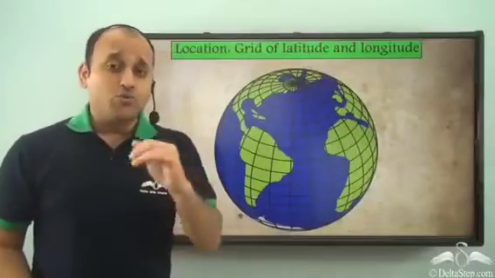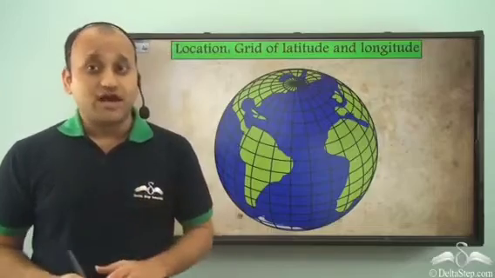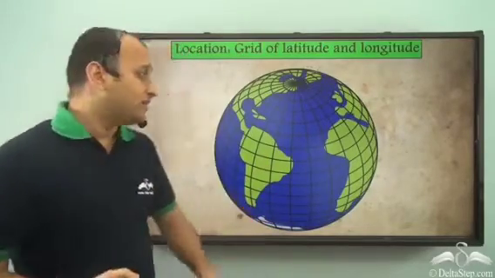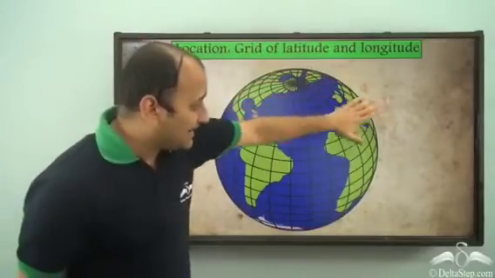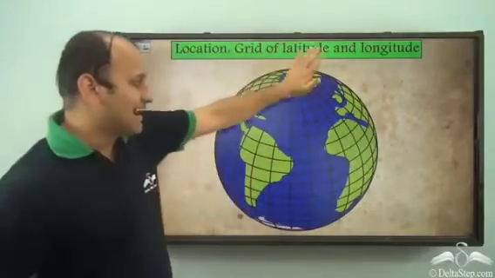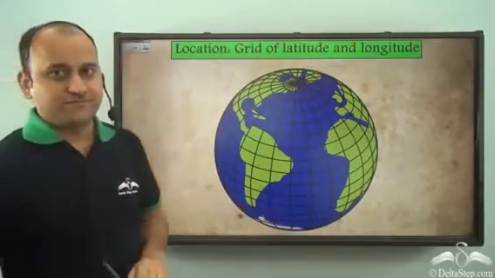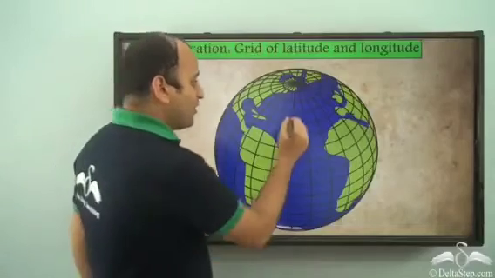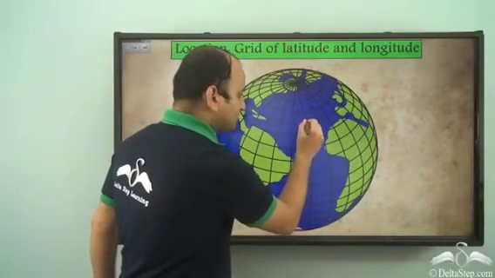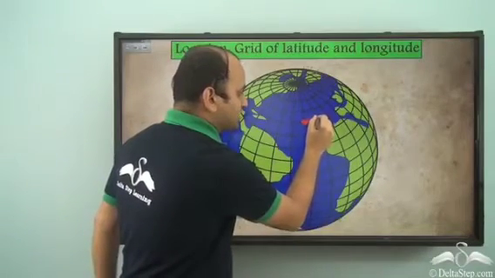Now we know what latitudes and longitudes are. Now these latitudes and longitudes together make up a grid which covers the entire Earth's surface, and every point on this grid is one location.